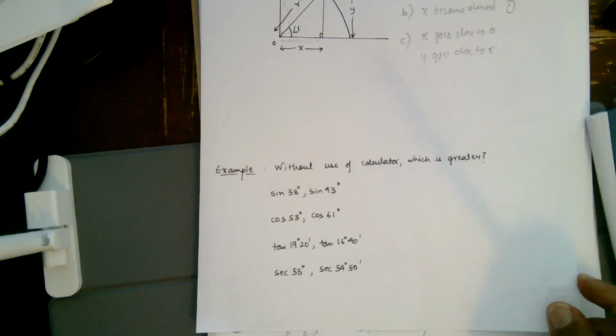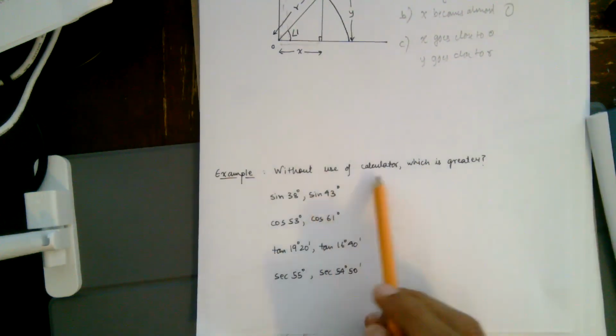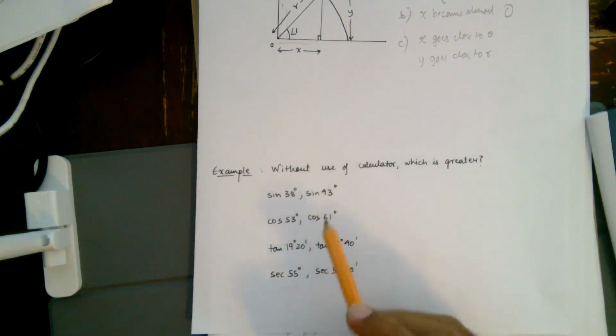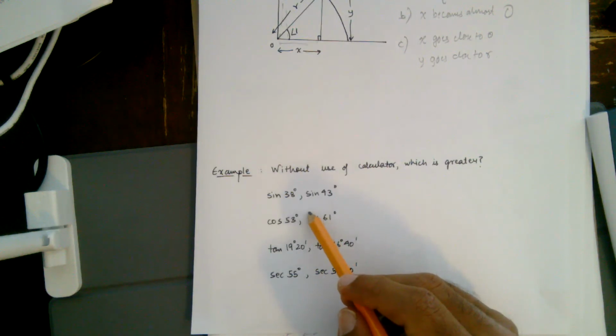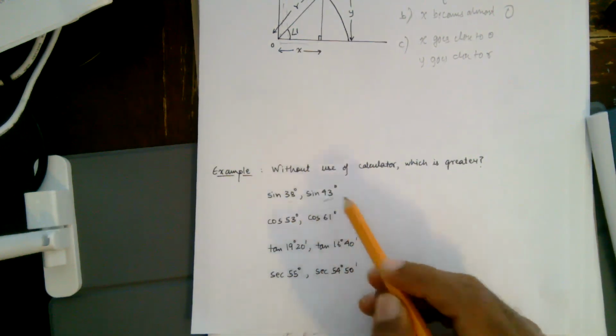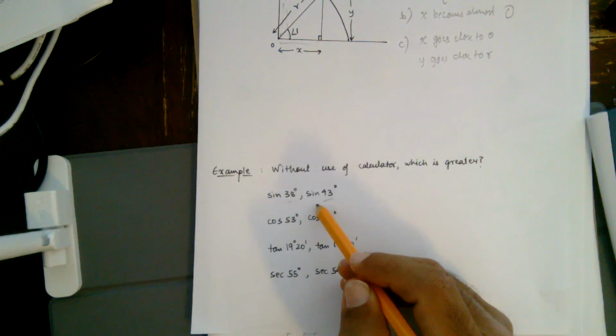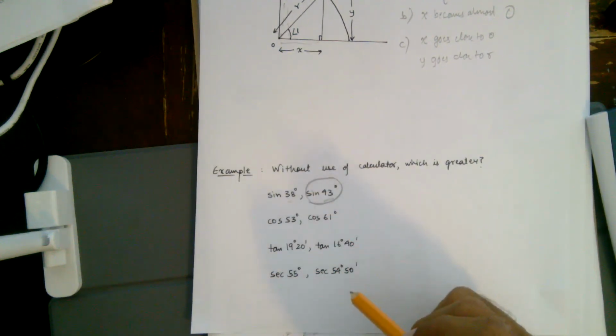A second kind of example here. Without use of calculator, which of these is greater? Now the first two you can recall from our analysis, that if the angle increases, then the sine value increases, so this is greater.